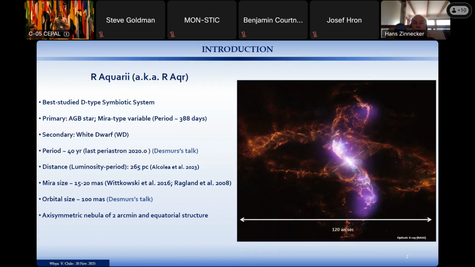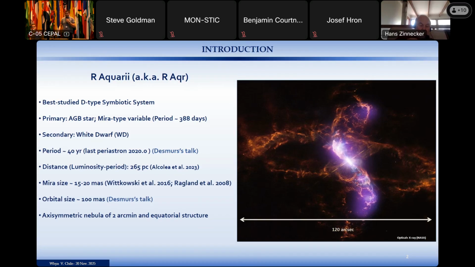The orbital period is around 40 years, but don't worry, because Jean-François will talk more about these parameters later. And for our model, we assume a distance of 265 parsecs, based on the period-luminosity relation.